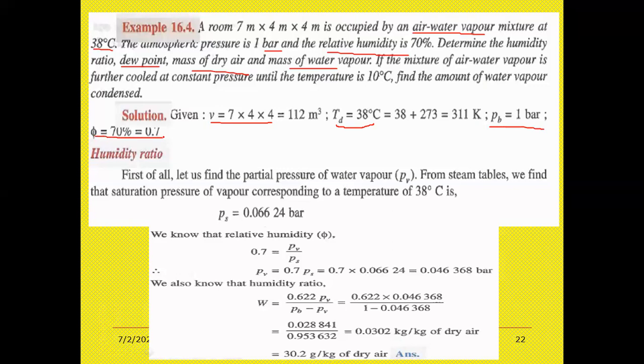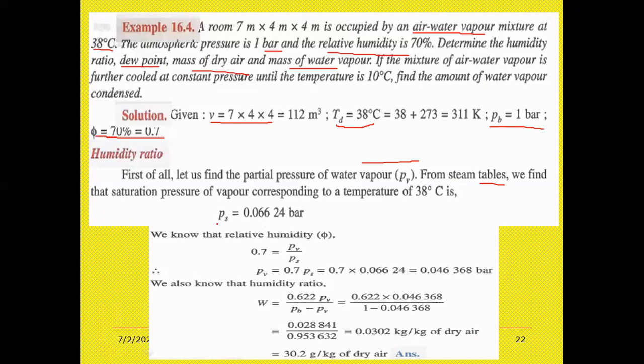Now find out the humidity ratio. Before that, from the steam tables, we have to get the value of the saturation pressure, because based upon the humidity ratio formula we need the value of PV.